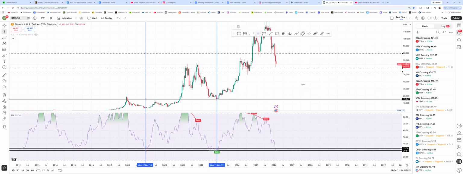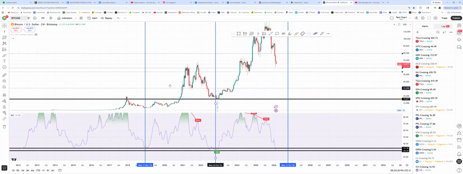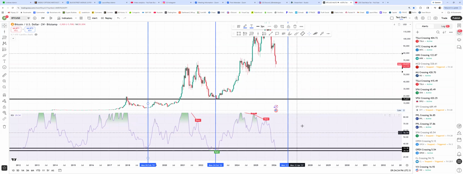The 370 days will be here around September-ish, October. That is when this one happened, right? So if that is true, the RSI will go lower. The RSI can go lower.